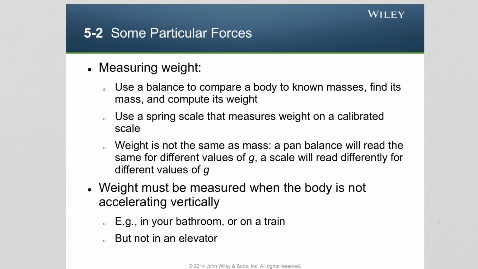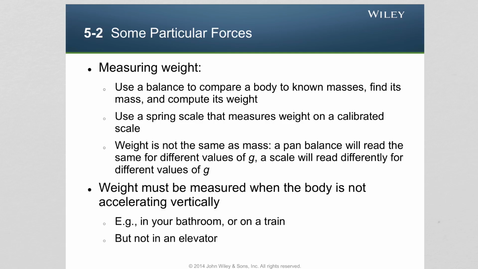And this is because weight is a vector quantity. It can change, while mass is a constant and cannot change. Weight must be measured, and this is very important, when the body is not accelerating vertically. Remember, Newton's laws do not apply for reference frames that are accelerating.